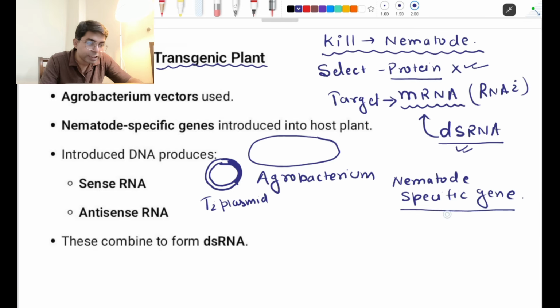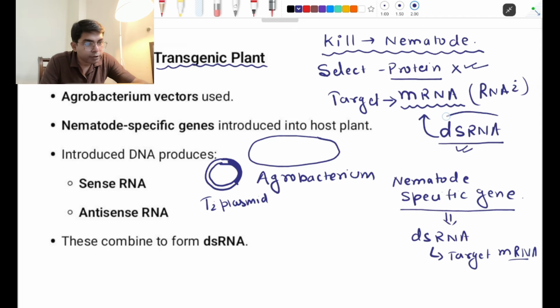Now this gene will form the double stranded RNA which will target the mRNA, right? Understood? So this nematode specific gene will form a double stranded RNA. Now the question comes: how will this nematode specific gene enter into the plant?